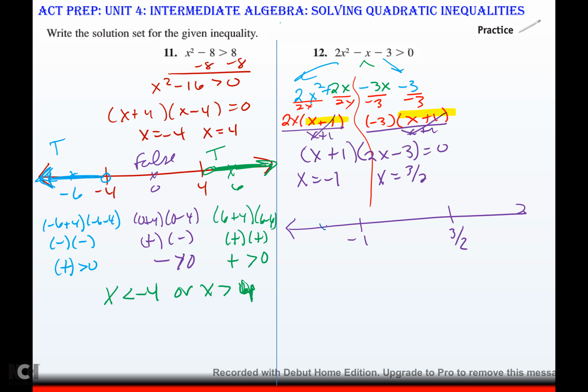Pick something like negative 5. So negative 5 plus 1 times 2 times negative 5 would be negative 10 minus 3. That's going to be a negative. That's going to be a negative, which makes a positive, which is greater than 0. So this section is true. Open circle.